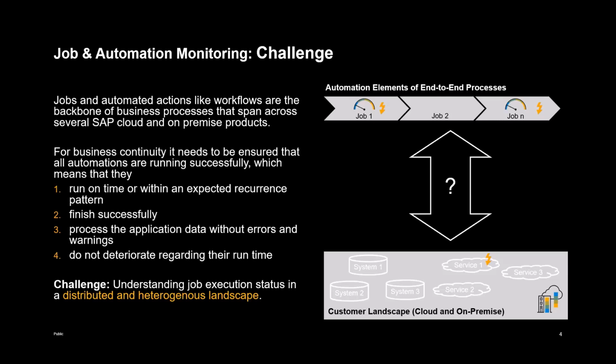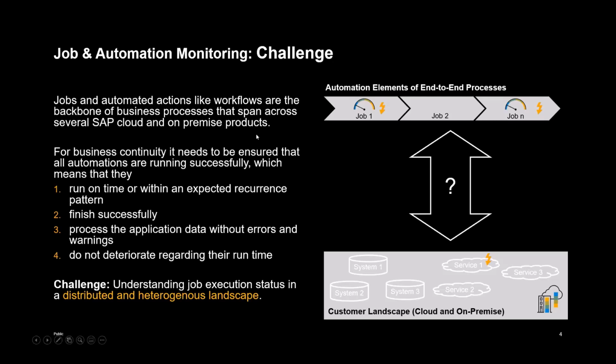So a lot of jobs are running in the individual systems to emulate or simulate a kind of event-based processing of the data. Whenever there's some data, the job will pick it up, process it, and make it available for the consumer of the data.